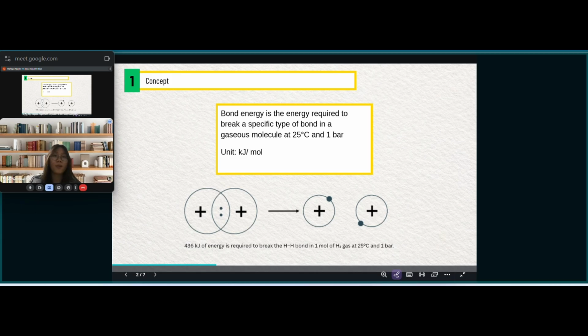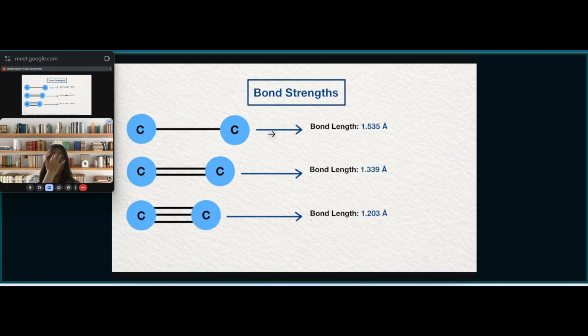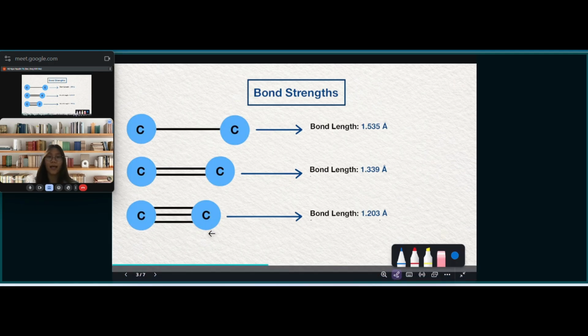But with different types of bonds, how much energy I will use, or whether it's different, we will find out in this study. Okay, here I have a single bond of C-C. Here is a double bond, and the last one is a triple bond. And these are different configurations with different bond lengths.